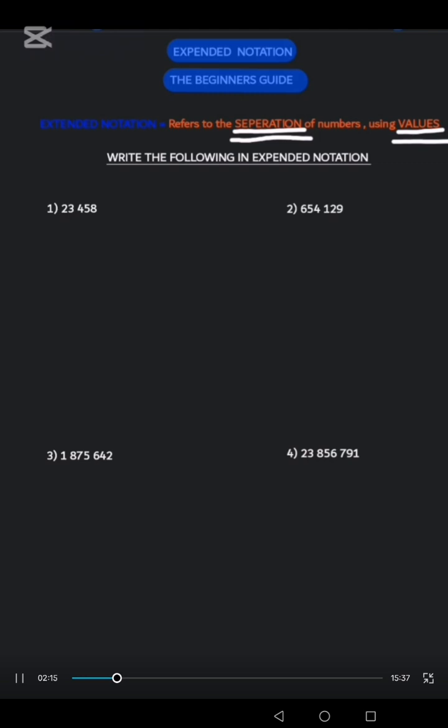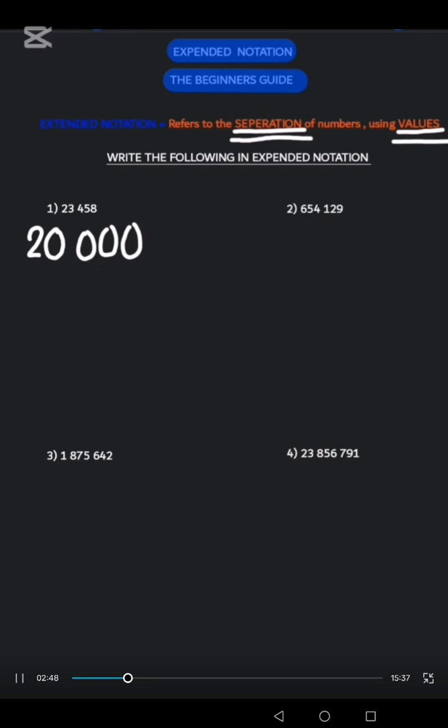The first digit is 2, and 2 is in the first position. So 2 is going to be 20,000. Since we are only focused on the value of this digit, we scratch out the rest of the other numbers because we want to know the specific value of this digit.